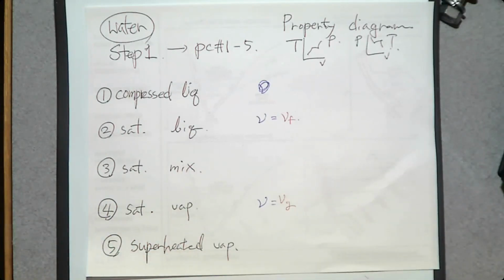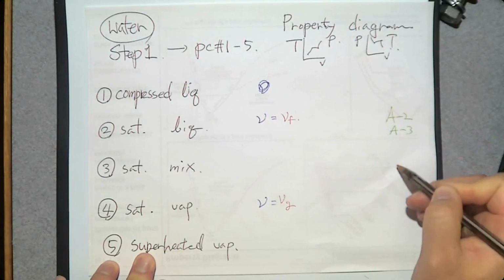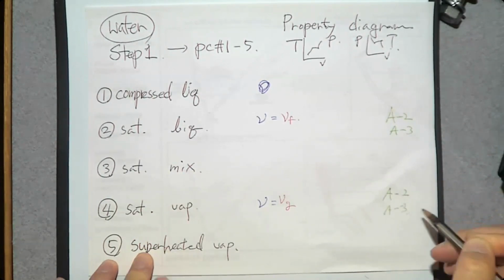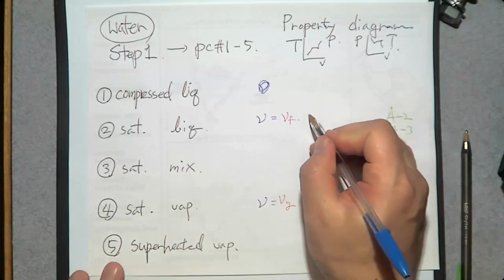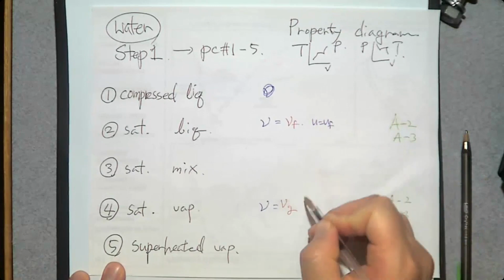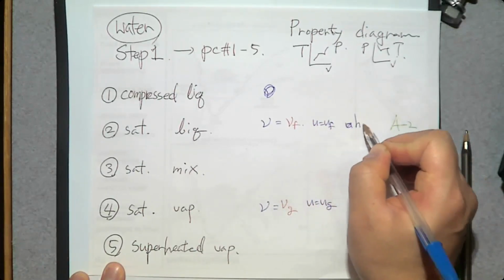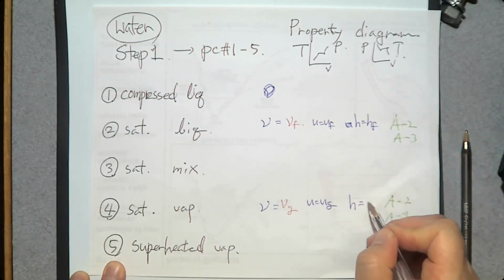Where do you find them? From a property table. If it is water, table A2 or table A3. If it is internal energy U, uf, ug. If it is enthalpy H, hf, hg.